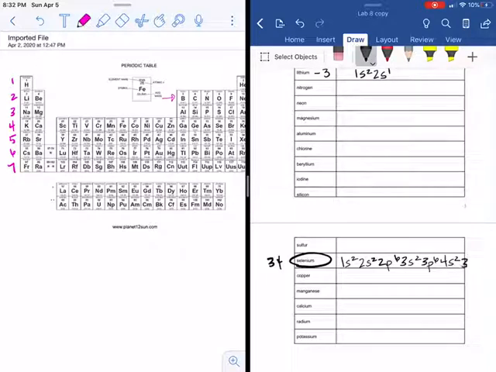When you're on that row, but you're in the D block, you have to go down one number. So 3d10, and then you have to go back to the 4, and now you're in P again, 4p, and selenium is the 4th one over, so like that. All of these numbers right here should add up to 34.